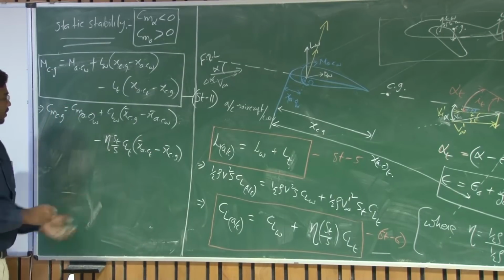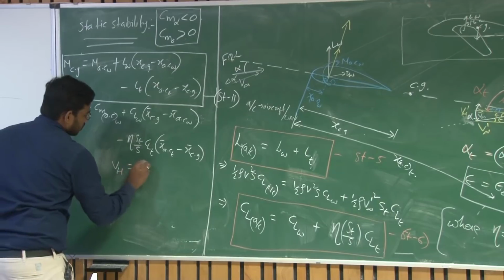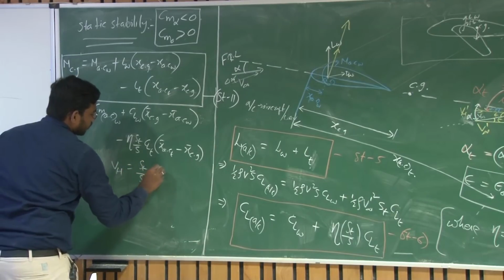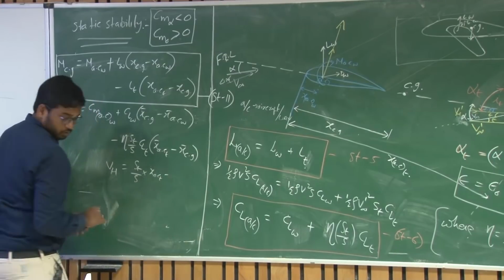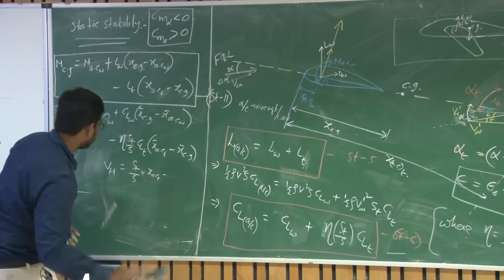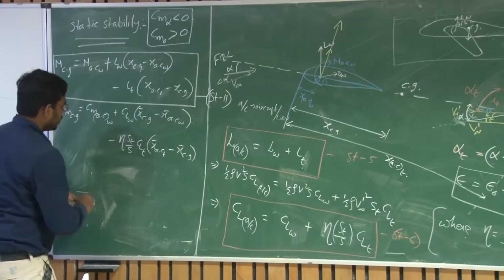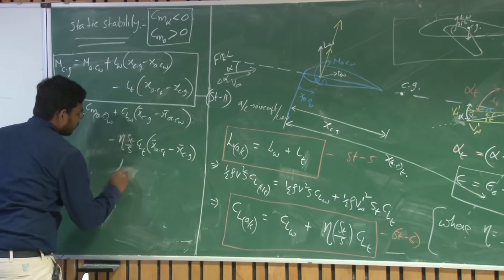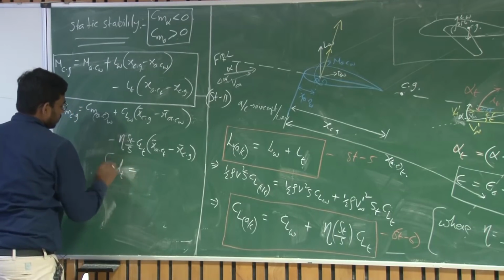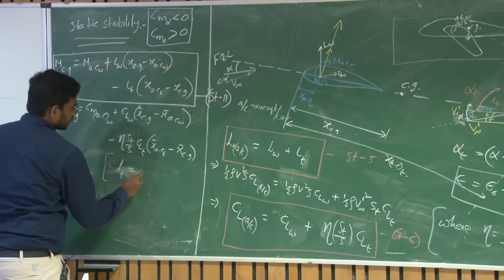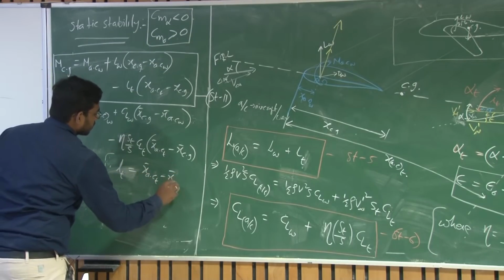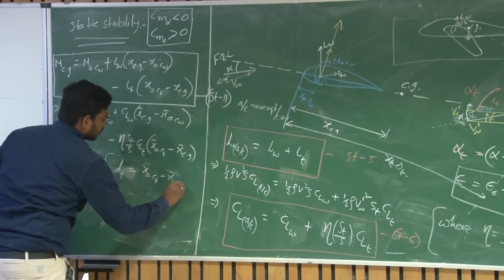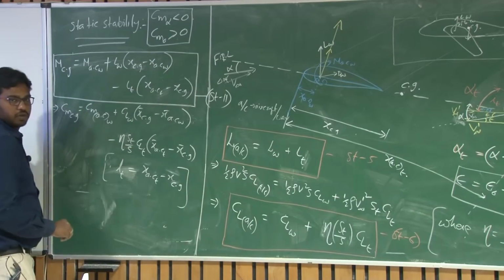So this ST by S into XAC of T. Generally L of T, the length of tail, is considered as the distance between the aerodynamic center of tail and XCG.